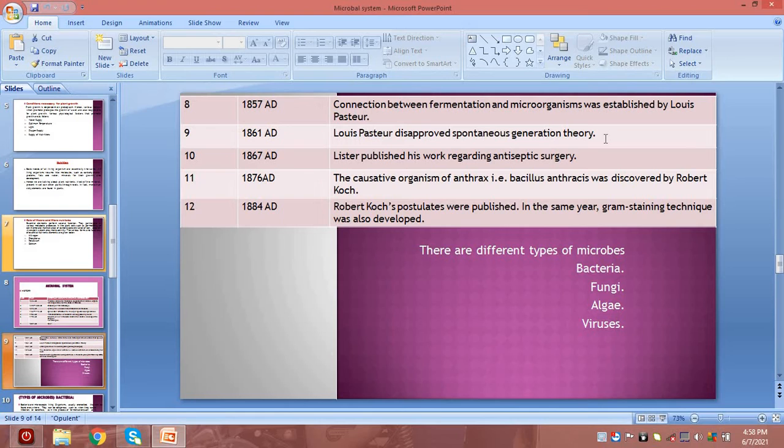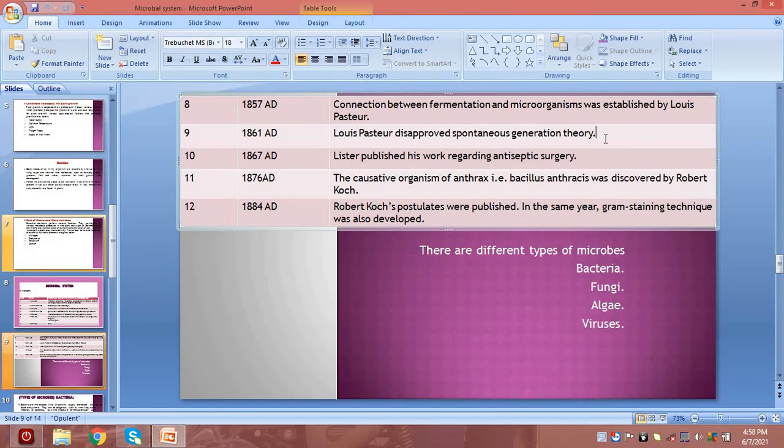For example, people believed that mice arise from non-living matter like cloth combined with wheat. If both are combined and left over, it gives rise to mice, which is a wrong statement given by spontaneous generation. So this was finally disapproved by the scientist Louis Pasteur.